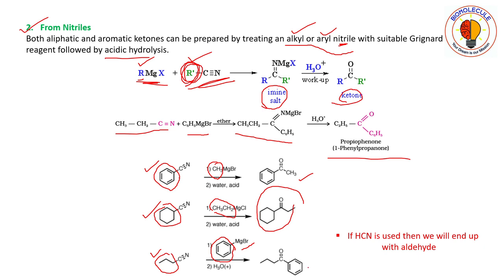So now you are ending up with this one. So see, if hydrocyanic acid is used, then you will get only aldehyde. But if you use any other nitrile, that is RCN, where R is not equal to hydrogen, then you will get ketone.